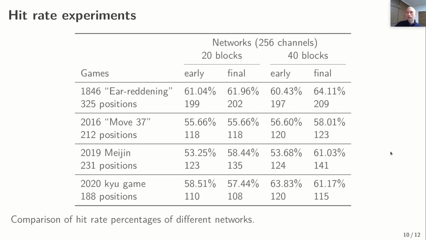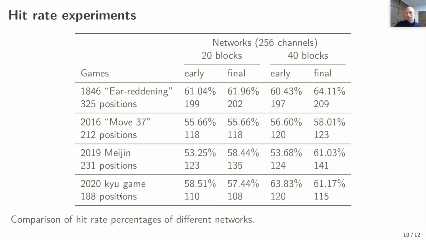It turns out that, while it's fairly reliable, looking at 3 professional games, one historic game and 2 more recent, the final networks have better hit rates, and also the bigger network has better hit rates compared to the smaller one.